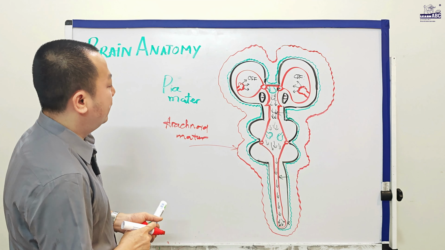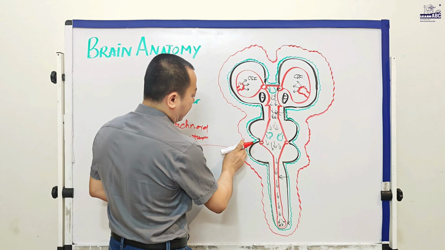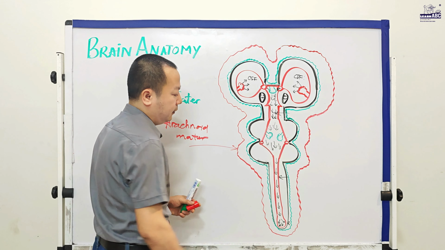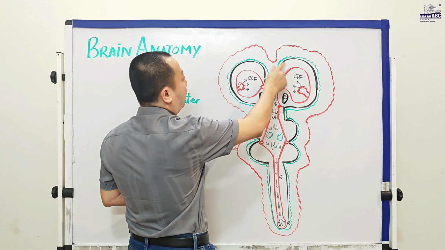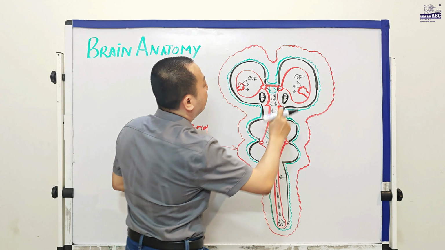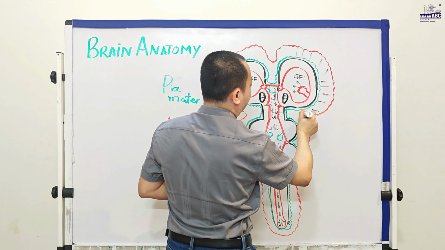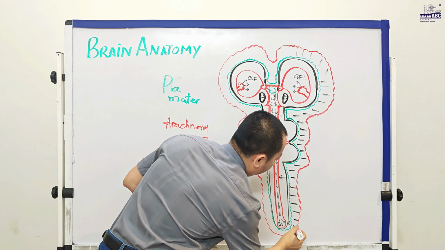Now you see here the space. So this pia matter and arachnoid matter create a space between these two meningeal layers. What do we call the space between pia matter and arachnoid matter?